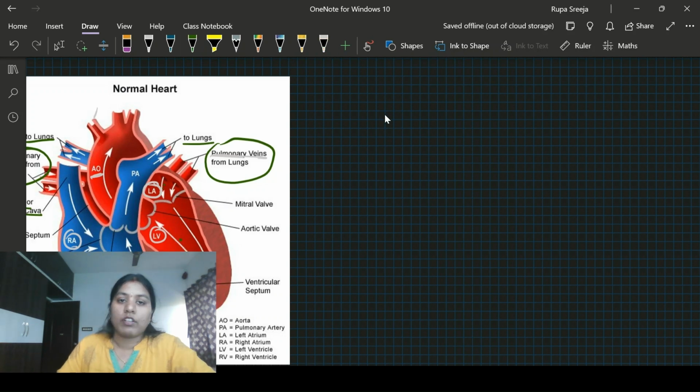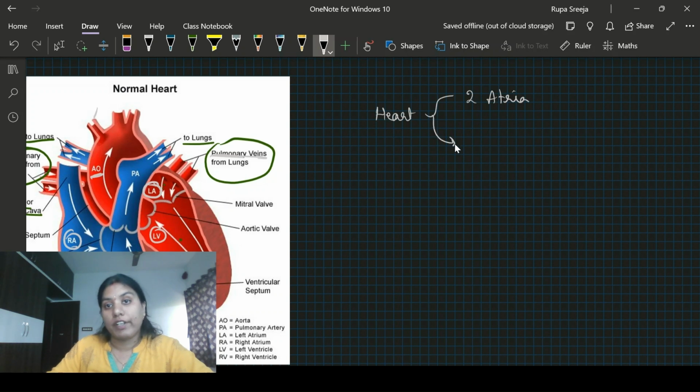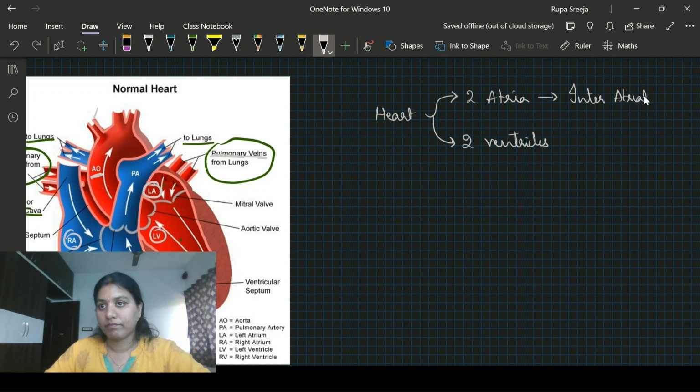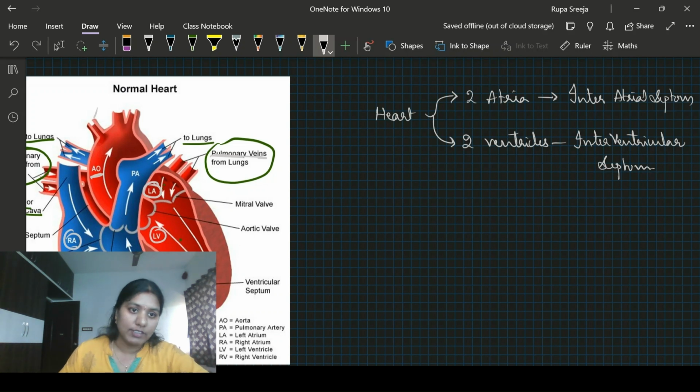The heart has two atria and two ventricles, and these atria are separated by the interatrial septum, and these ventricles are separated by the interventricular septum.